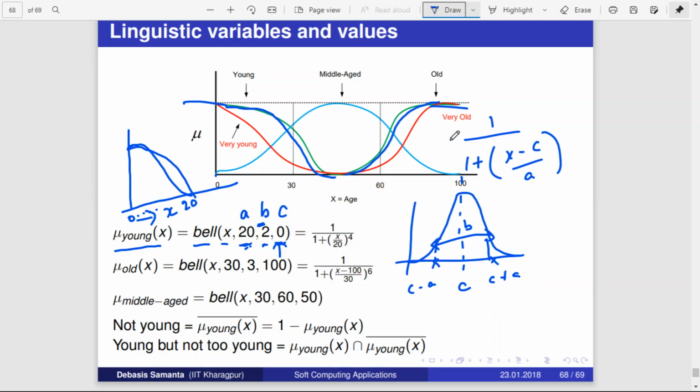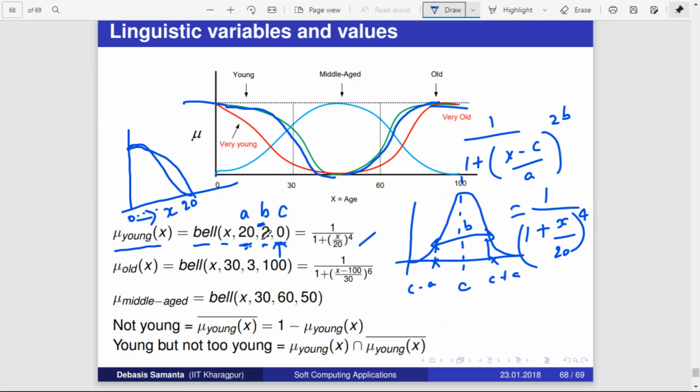When you plug in, what happens? X is whatever the input. X minus c: c is 0, so x minus 0, divided by a, which is 20. Then to the power 2b; b is 2, so 2 times 2 is 4. That is how you got this.